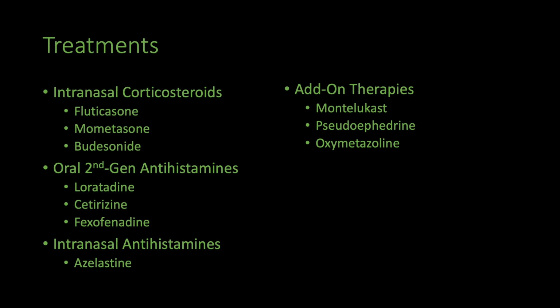I think the brand name is Astepro. So if you go to a pharmacy, you would probably see the two different strengths of azelastine. If you're doing any sort of data entry or looking up records, just know there are differences in the strengths of those two types of azelastine medications.